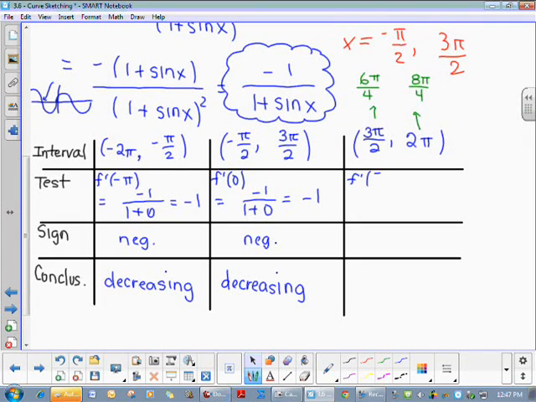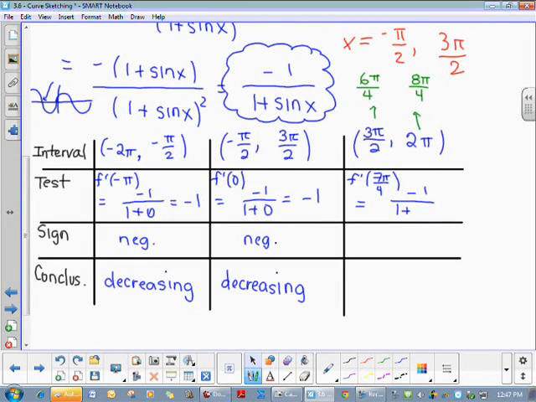F prime of 7pi/4 happens to be our test value. Well, again, we're going to have -1 on top over 1 plus. The only thing that seems to be hampering us now is figuring out the sine of 7pi/4, which can be a little tricky because it's outside of the quadrant that we're perhaps most comfortable working with.